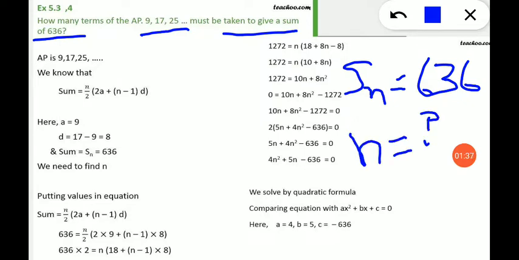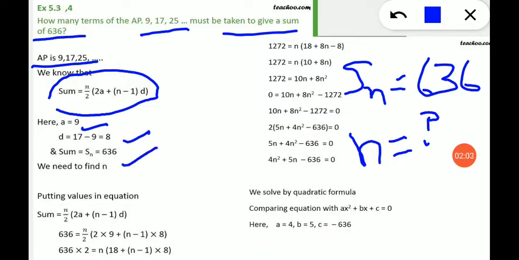Okay, now we will find out the given things. So first given thing is the AP. Then since we have to find out the sum, we will use the formula Sn is equal to n by 2 (2a plus (n minus 1)d), where a is equal to 9 and d is equal to 8 and the sum is equal to 636.